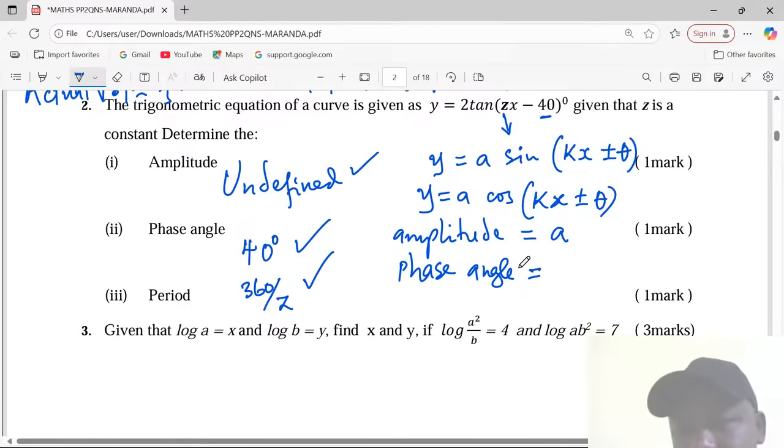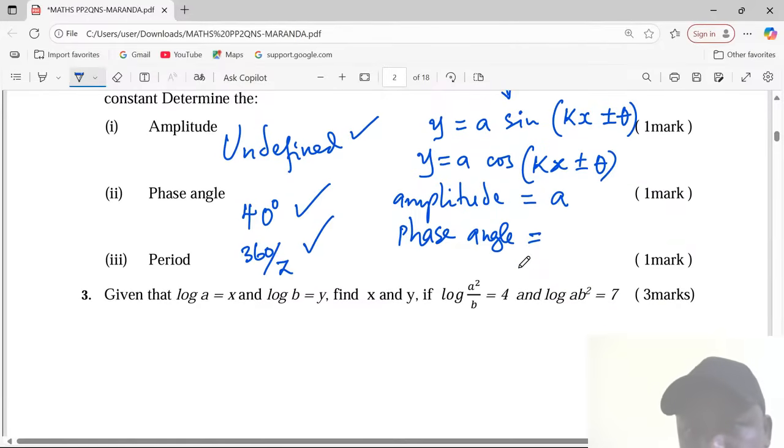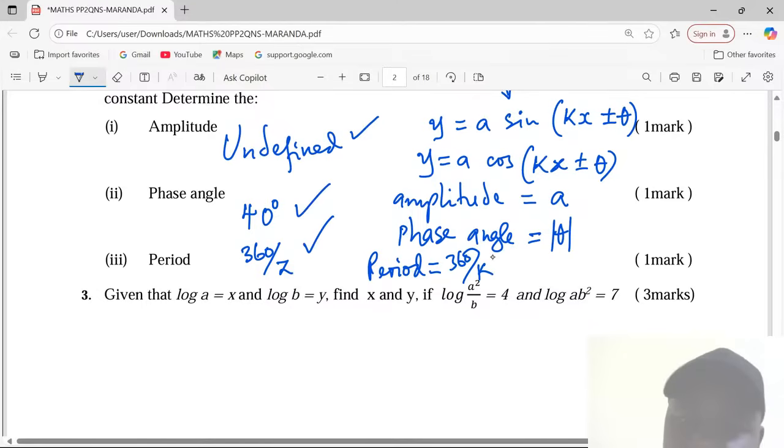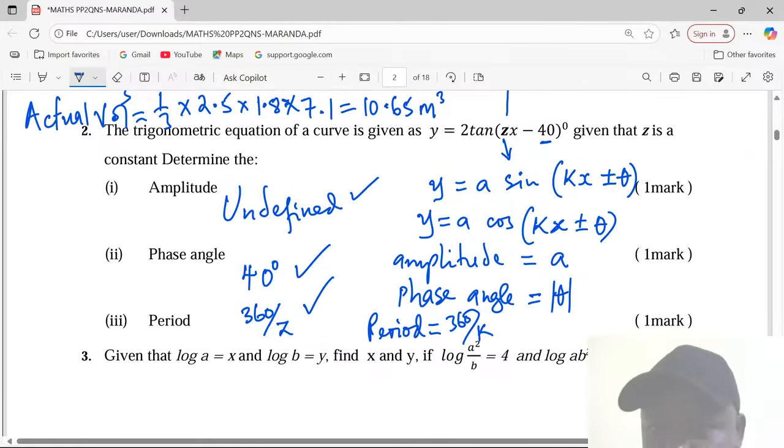Phase angle would be equal to the absolute value of theta. If it has a minus, you just pick the absolute value. Then finally we have the period. Period would be given by 360 out of k, the constant that multiplies x.